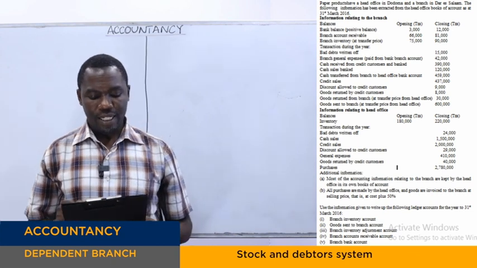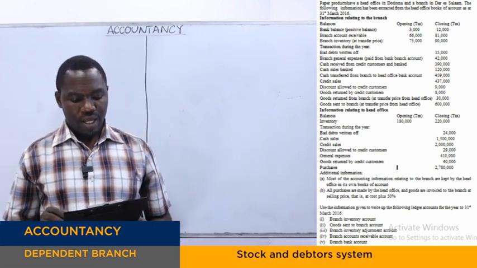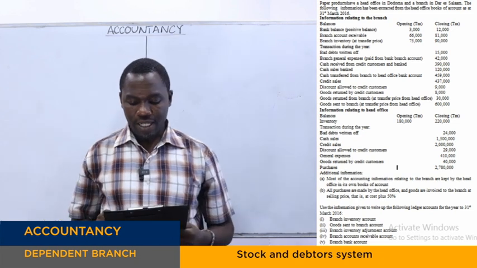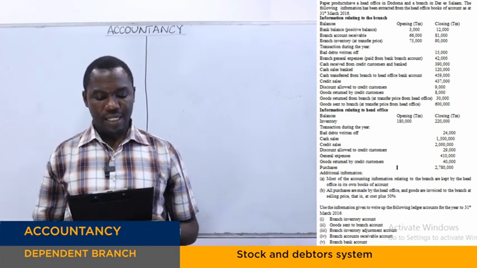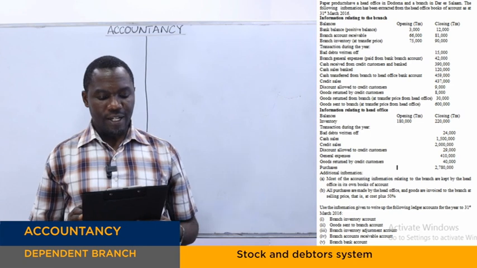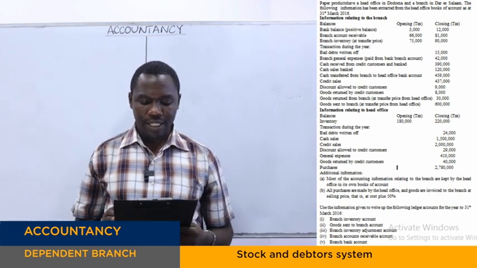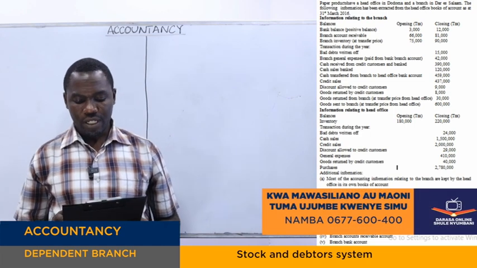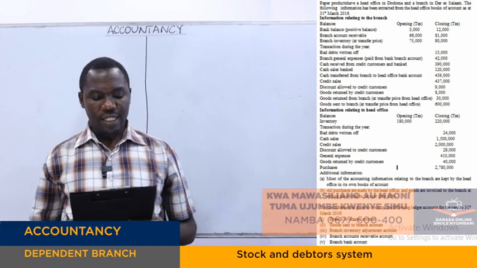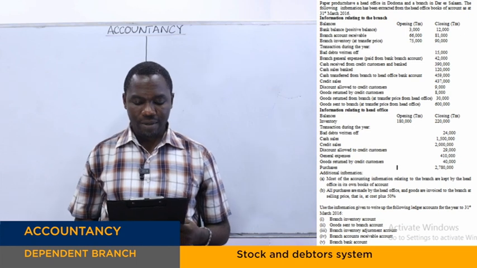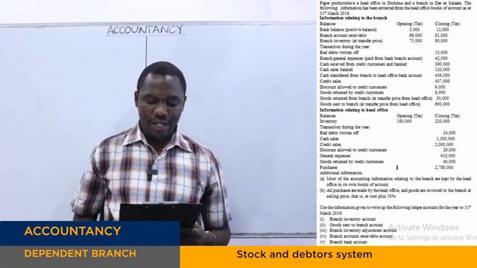Transactions during the year. We have bad debts written off, this was 15,000 TZS. We have branch general expenses, paid from the branch bank account, that was 42,000. Cash received from credit customers and banked, 390,000.